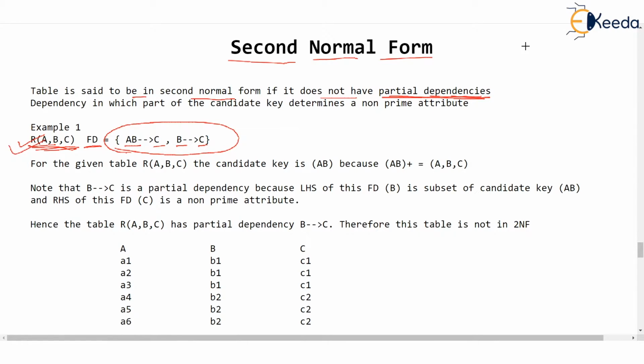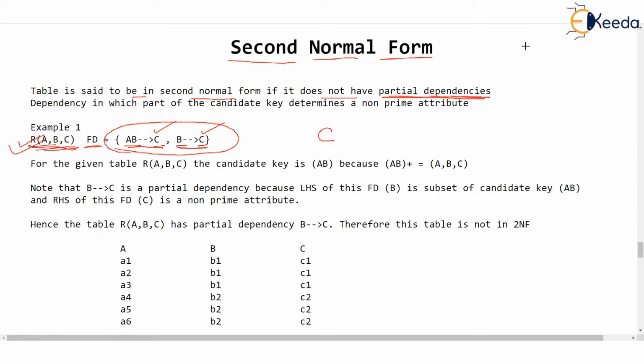Recall the trick given in the video where we saw many examples of finding candidate keys using functional dependencies: look at all the functional dependencies and check which attribute is not appearing on the right hand side of any FD. C appears on the RHS, in the first FD and in the second FD.